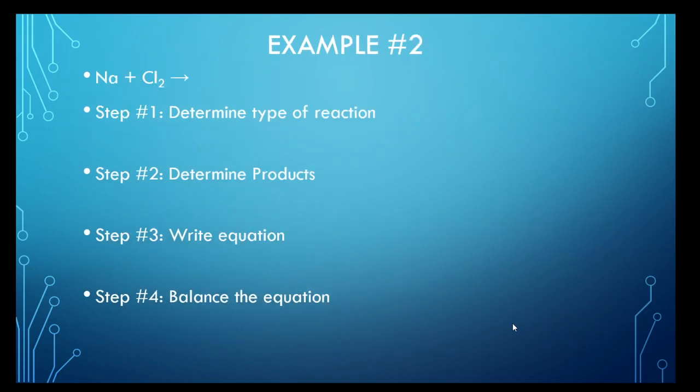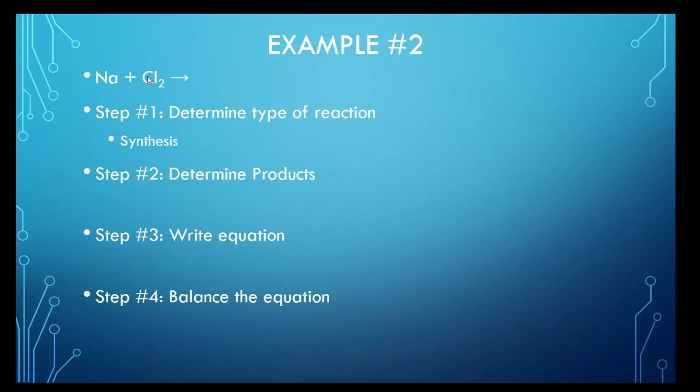So here's another one. We have sodium plus chlorine. So what kind of reaction? We have 2 single elements here, and this will be a synthesis. We don't have a molecule anywhere here, so this would be a synthesis. And then we're going to determine the products. Remember how I said sometimes you have to determine, do you need to crisscross?